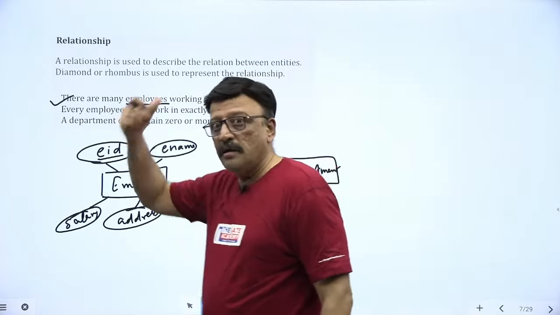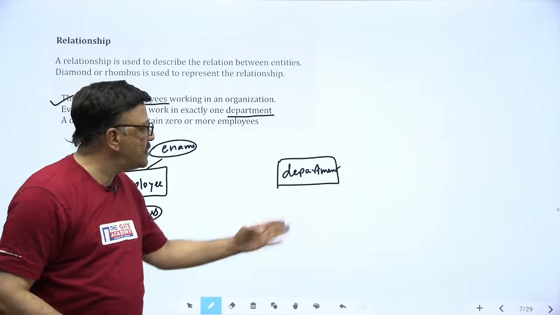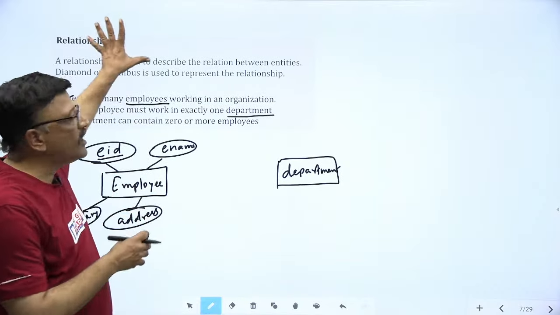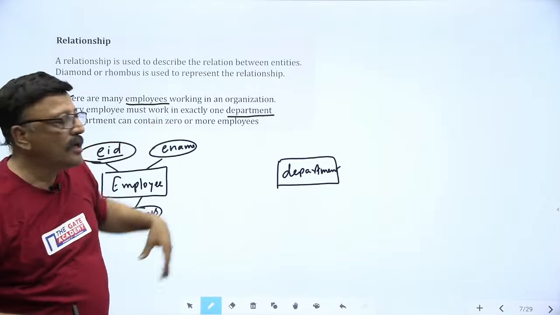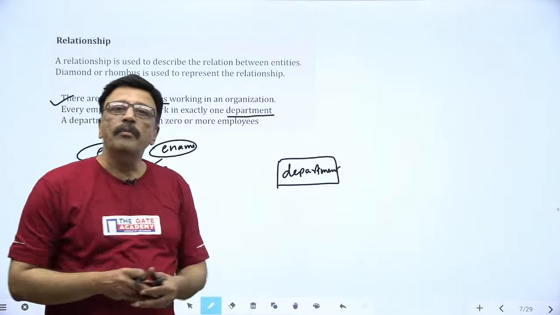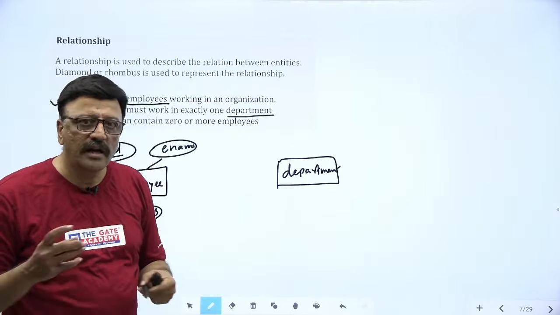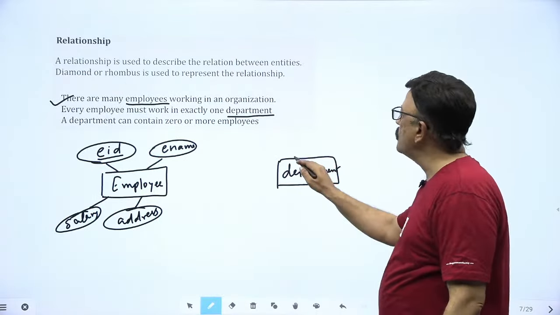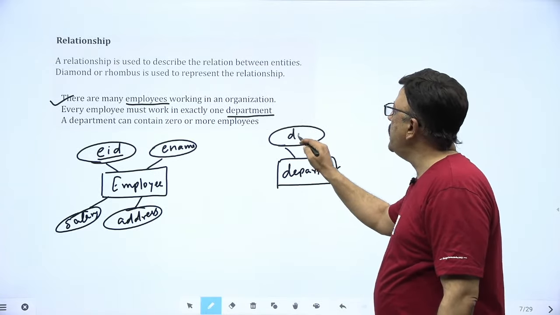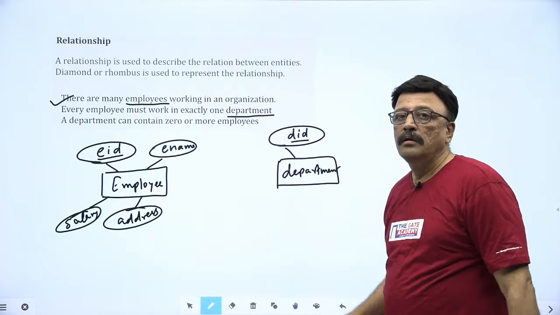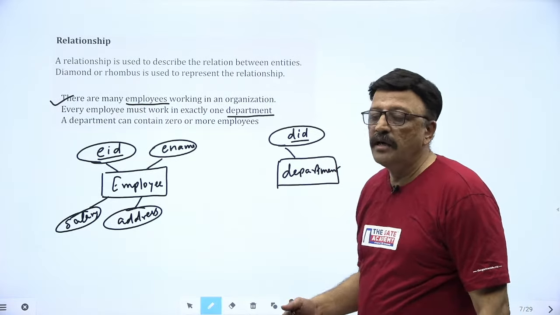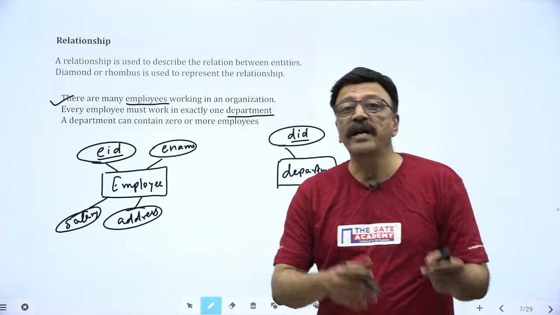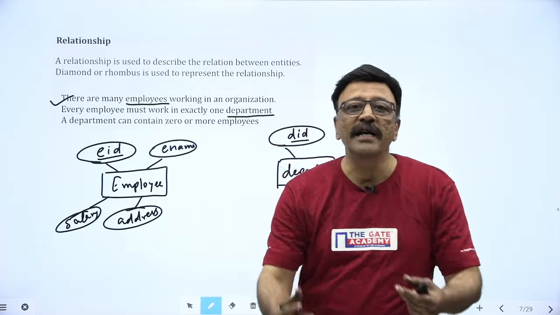Now what the sentence suggests is that our company has departments in which employees work. So let's not think of relationship till now. The topic is relationship, but let's think about a department. What can a department have? Department also has a department ID. Surely, if there are 10 departments in an organization, then every department has a department number, so that we can uniquely identify that department.